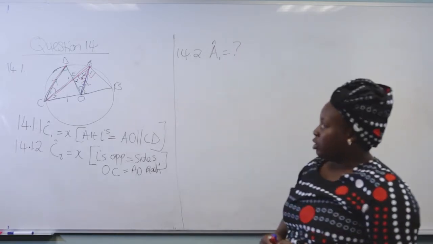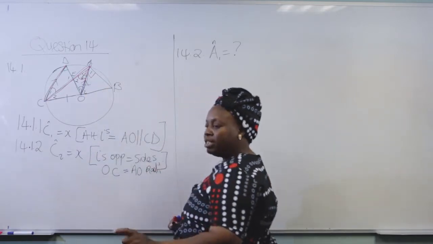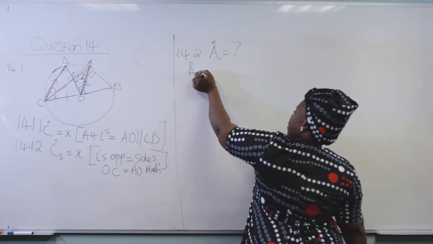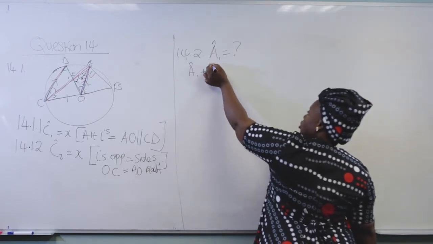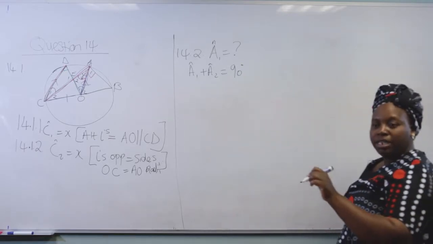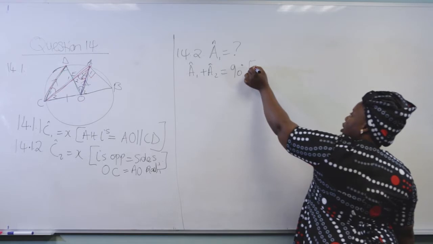Let's figure it out. Where is A1? A1 is just there. Folks, remember we said A1 plus A2 is equal to 90 degrees from the beginning and from the statement. The reason was because it's the angle subtended by the diameter, or semicircle.